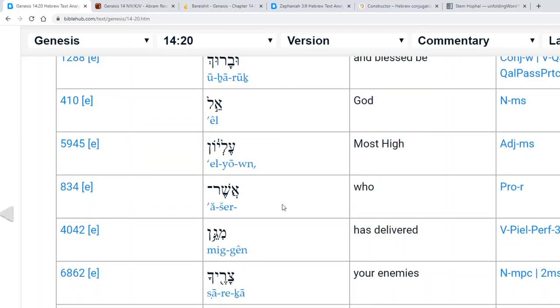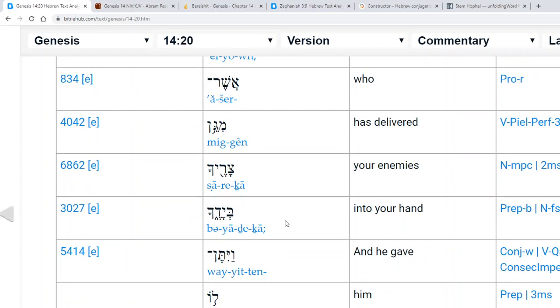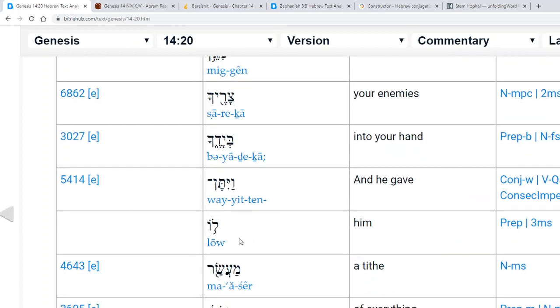So Melchizedek says this. It says, and he gave to him. Maaser is a tithe, right? It comes from the root ayin sin resh, which is ten, right? Eser is ten in Hebrew. Maaser is one in ten, right? It's a tithe.